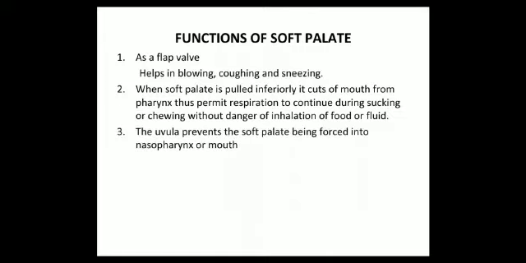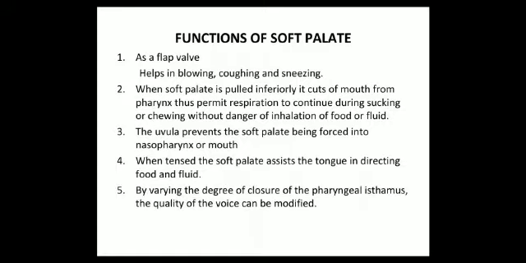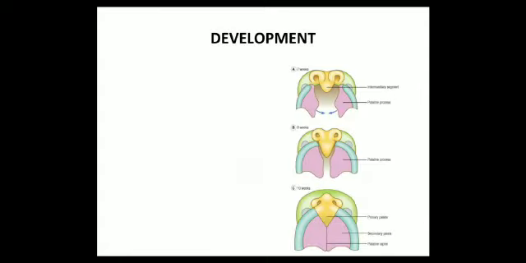The uvula prevents the soft palate being forced into the nasopharynx or mouth. When tensed, the soft palate assists the tongue in directing the food and the fluid. By varying the degree of closure of the pharyngeal isthmus, the quality of the voice can be modified.